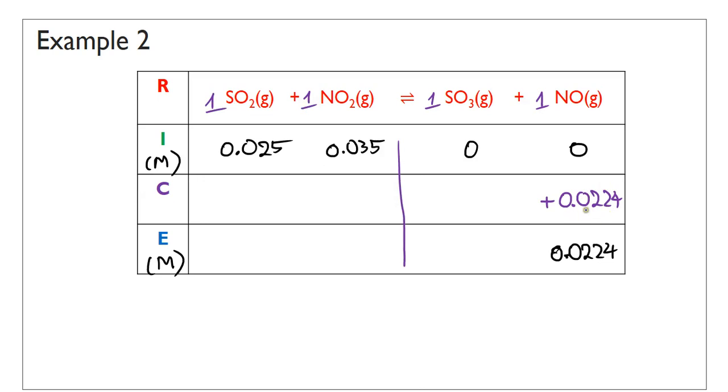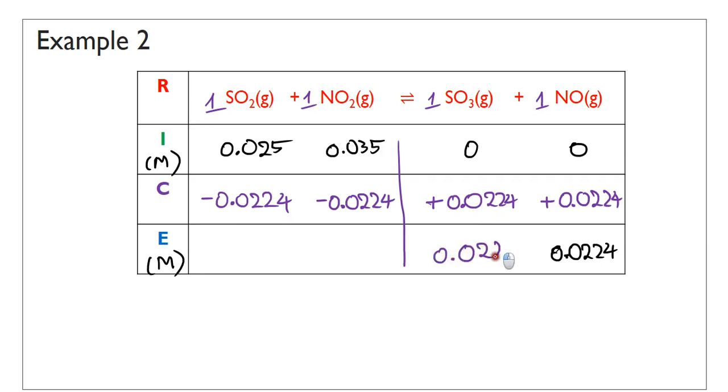So if I have produced this much NO, I have to produce the same amount of SO3. So also 0.0224, which means that you will have to subtract the same amount from NO2 and SO2. Okay, and then you just need to do the calculation. So 0 plus 0.0224 is just 0.0224.